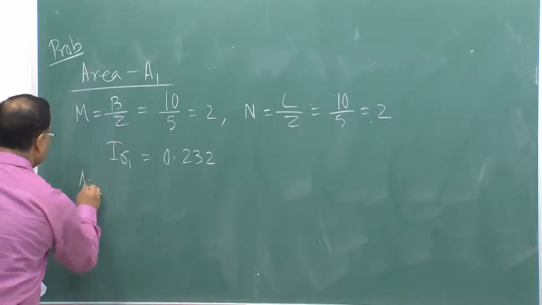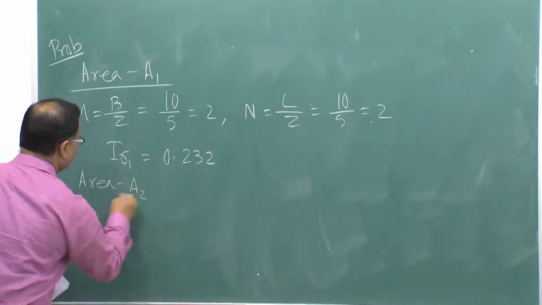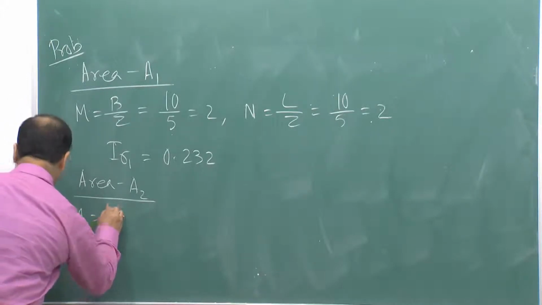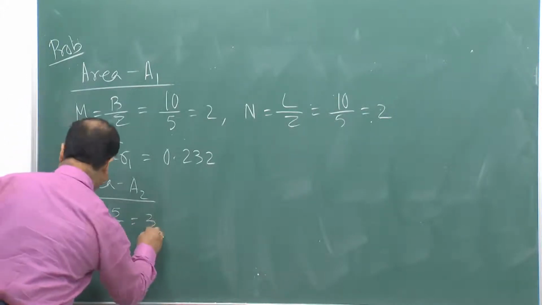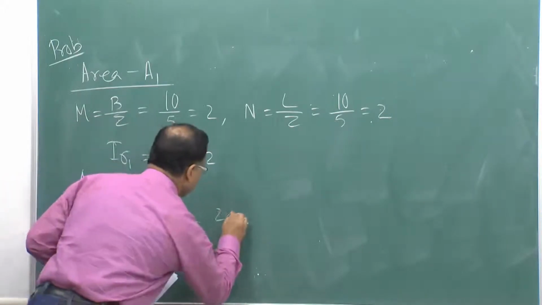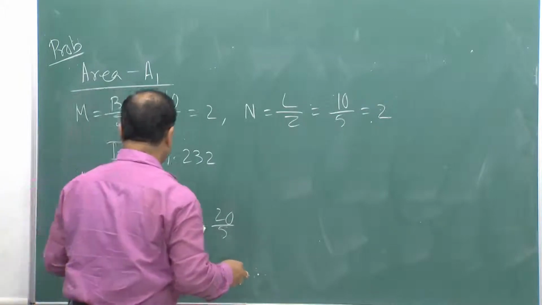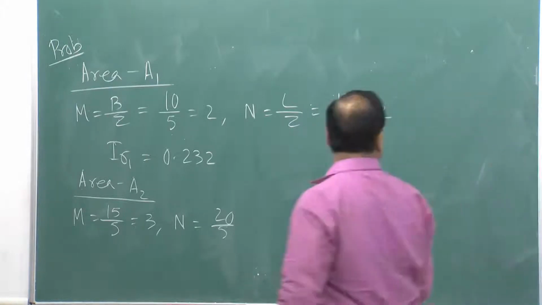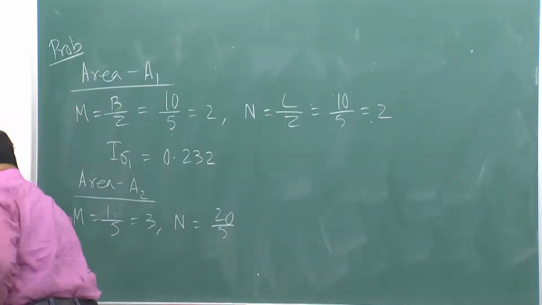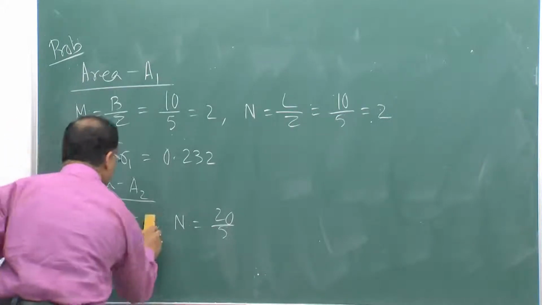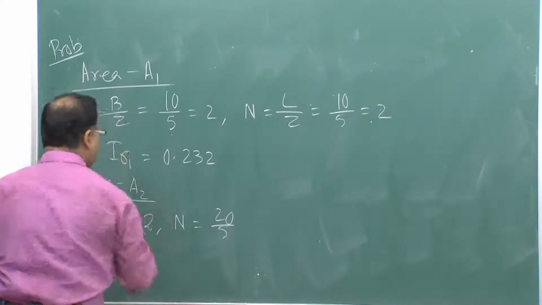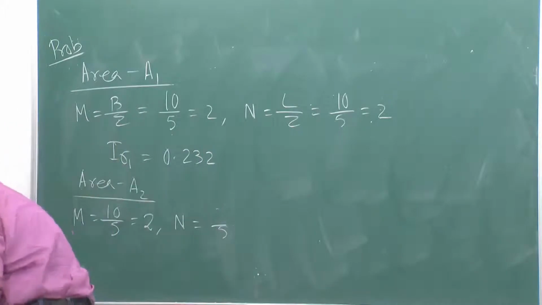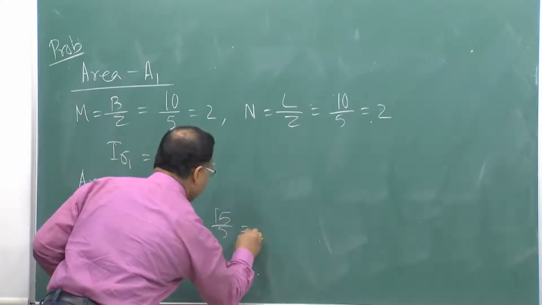Now, for area A2, that is your rectangular area. M is 10 by 5, that is your 2, and N is 15 by 5, that is 3.